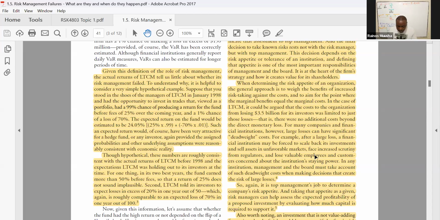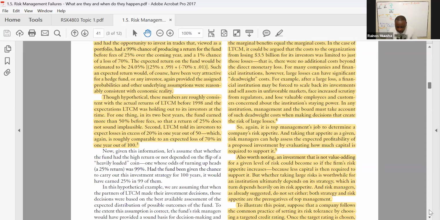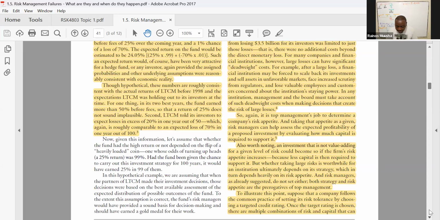So in any institution, management and the board must take account of such deadweight costs when making decisions that create the risk of large losses. So again, it is top management's job to determine a company's risk appetite.